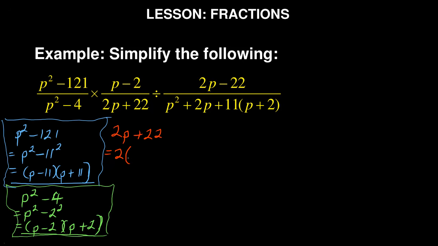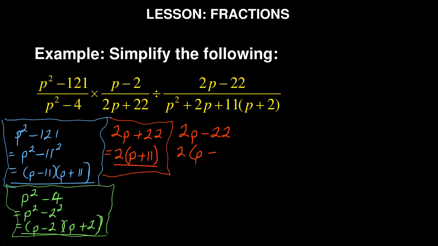Now 2 into 2p is p, plus 2 into 22 is 11. So this is all that you can do in that part. You do the same thing again on the one on top: I have 2p minus 22. You can see that it is similar, so I will have 2 and p minus 11 instead of plus 11. So these two were related.